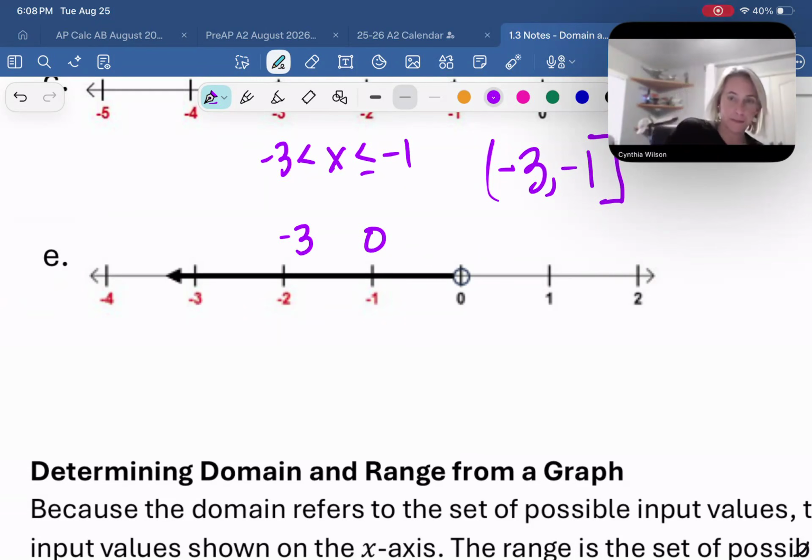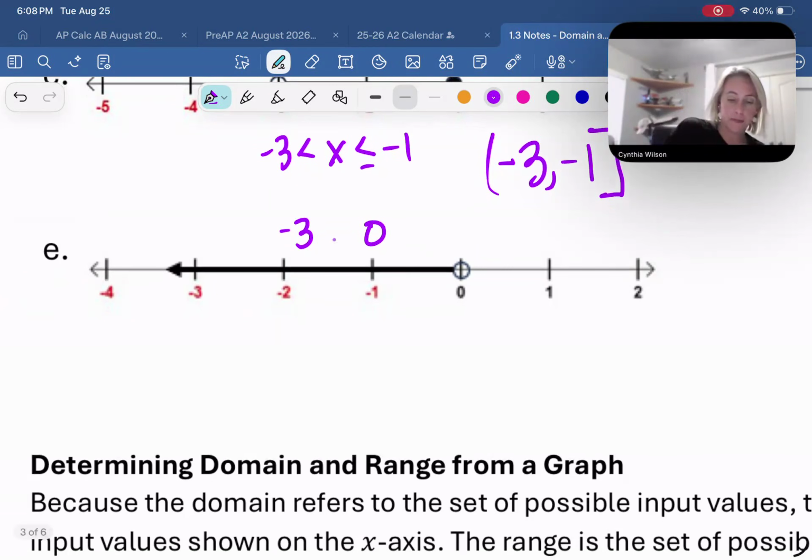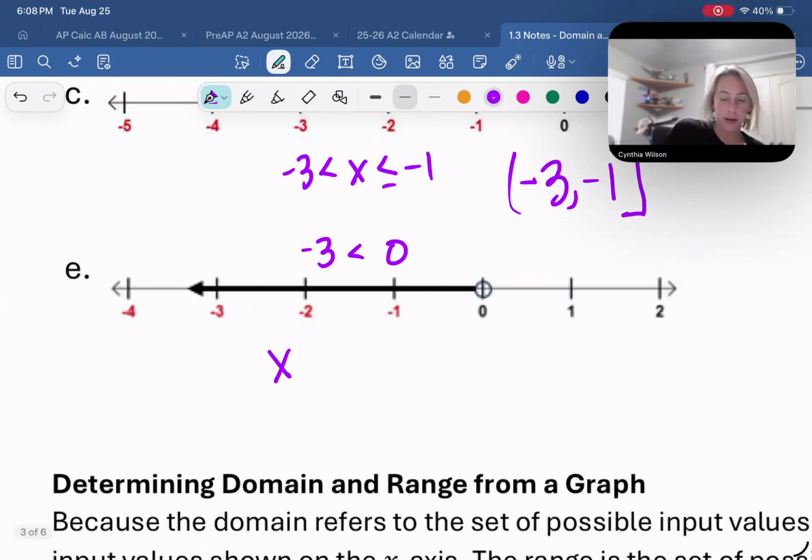Good. Which means x has to be less than 0. Does this one need an equals to? Good. So our inequality notation is done. X is less than 0.